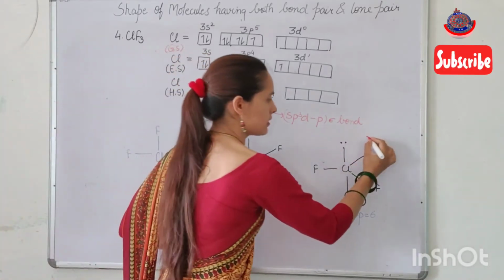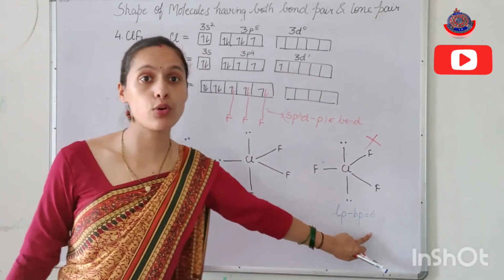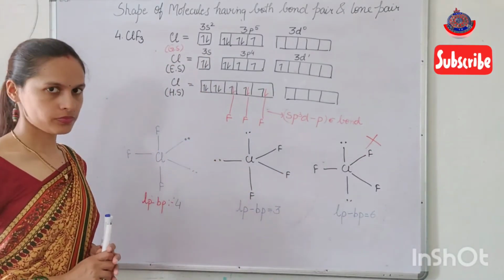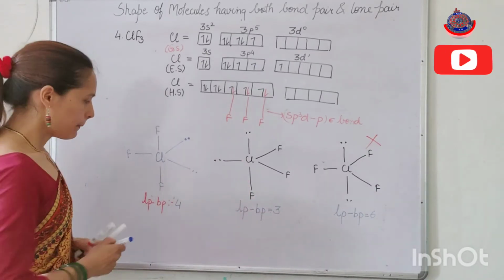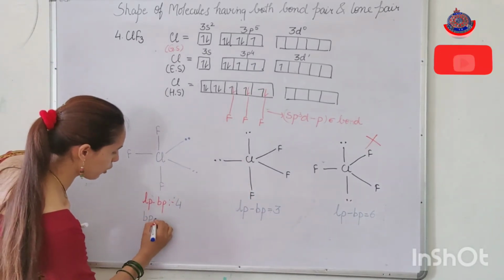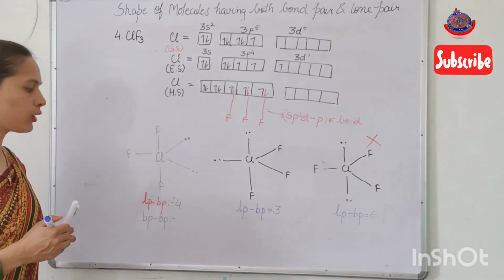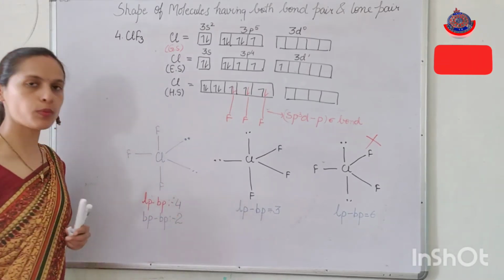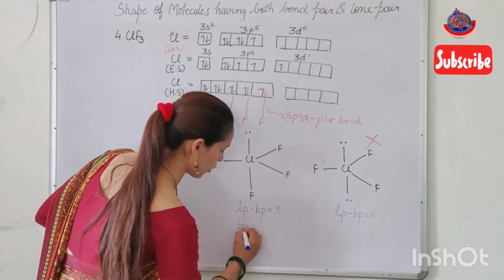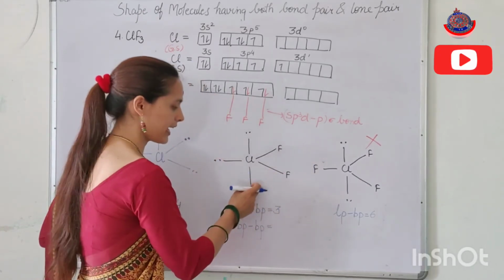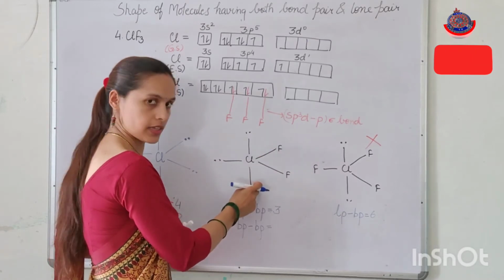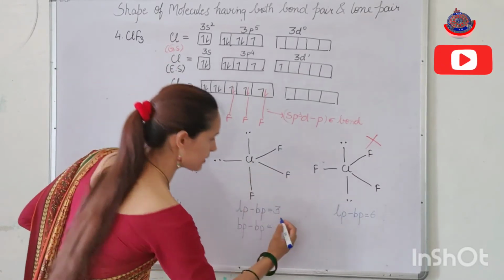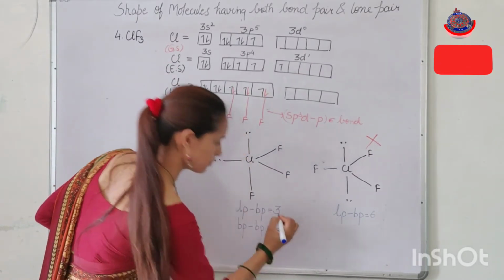Now this is wrong, because in this we get 6 lone pair bond pair repulsions and it is highly unstable. Now out of these two, this should be the structure. But if I count the bond pair repulsion here, I have 2 bond pair repulsions. And here I get 1, meaning this is repelled by this as well as this one, that is 2.